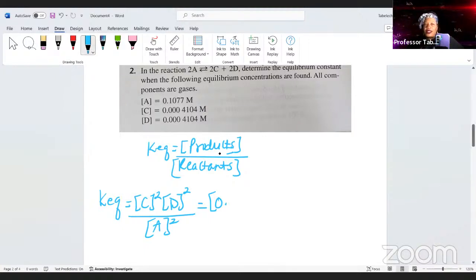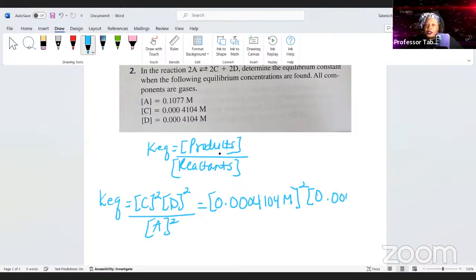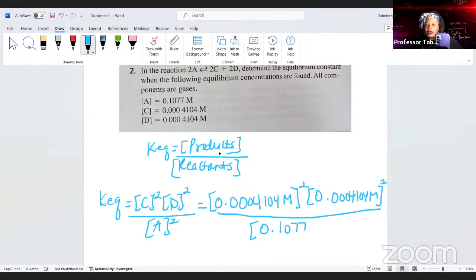Okay, so the C is equal to 0.0004104 M squared. And then your D is the same number, 0.0004104 M, and that's also squared, divided by A squared, 0.1077 M, and that's also squared.